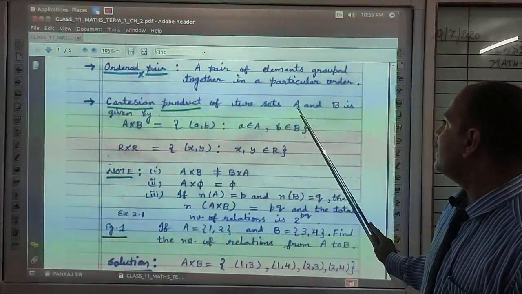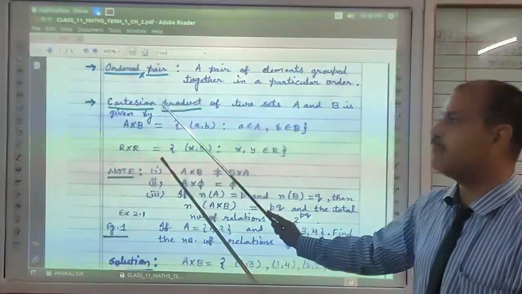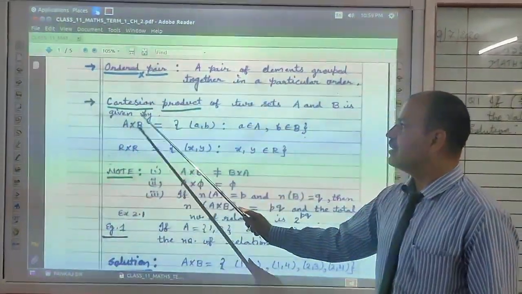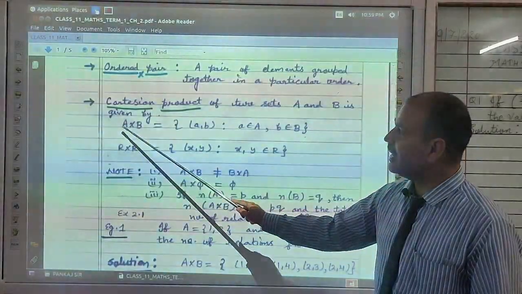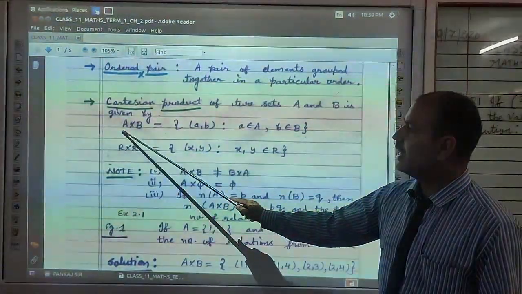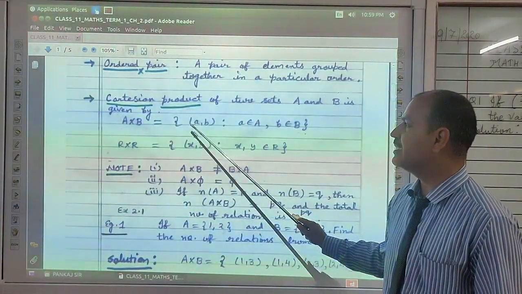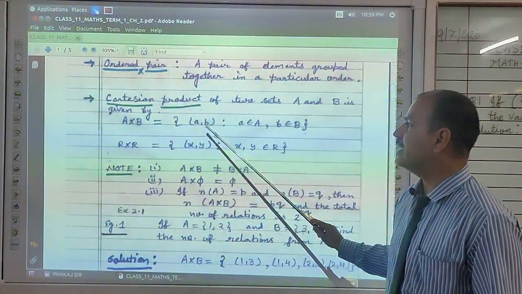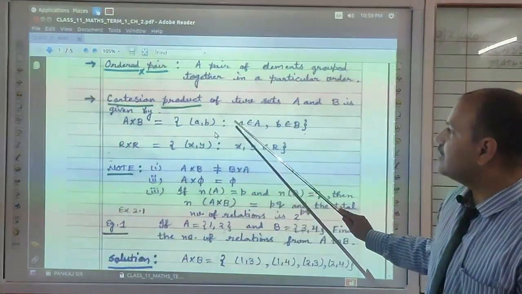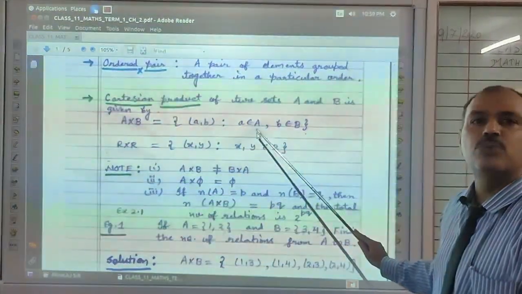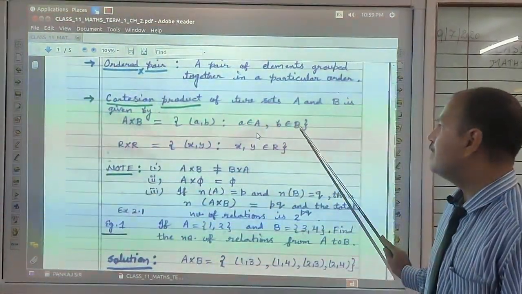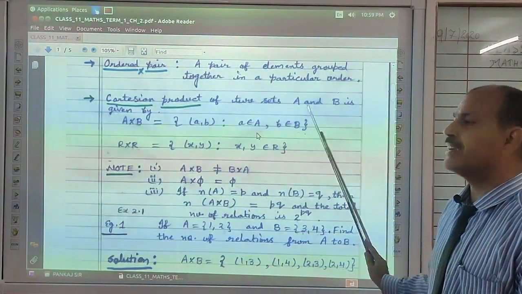If two sets A and B are given, then the Cartesian product of A and B, A multiply B, is equal to the set {(a, b) such that a belongs to A, b belongs to B}.